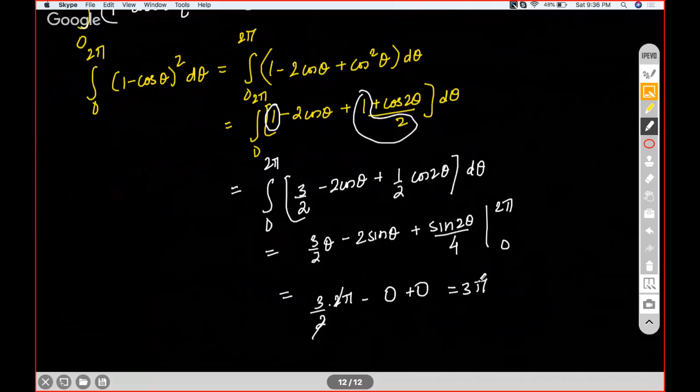In some cases, you may be given not even Cartesian, not even parametric, they may be giving you polar form. And then they would ask you the area between the two polar forms. Let's look into that. It's very simple.